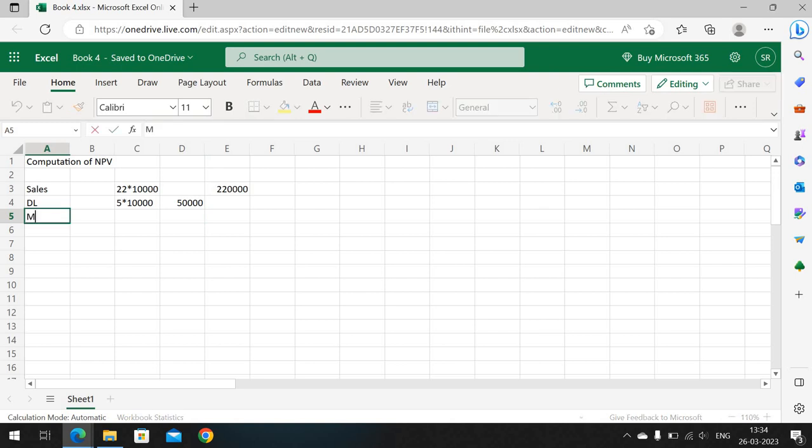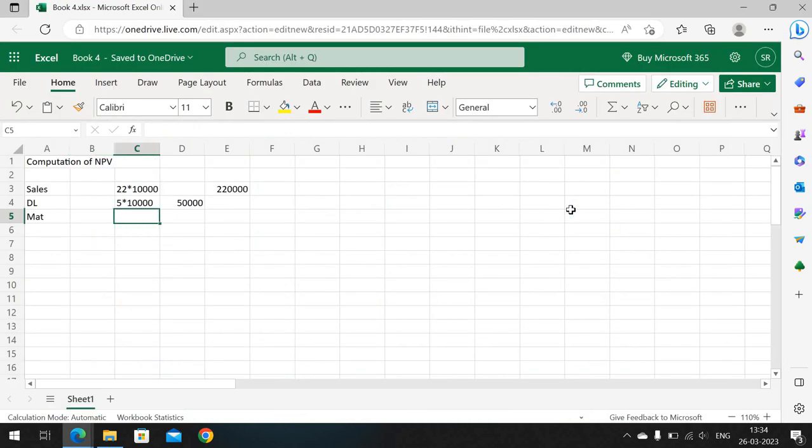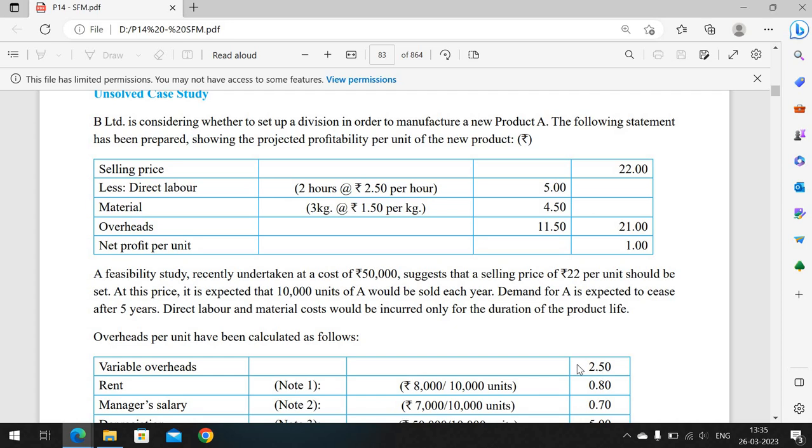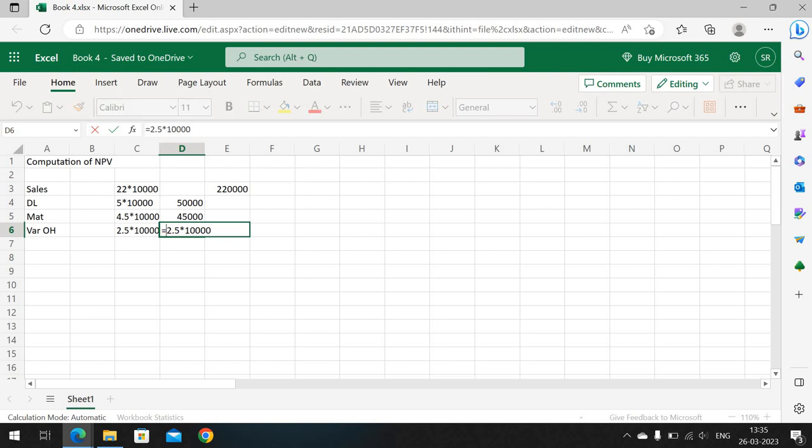Then material, they have given 4.5, so 4.5 into 10,000, 45,000. Then variable overheads, here given as 2.5, so 25,000 it will come.